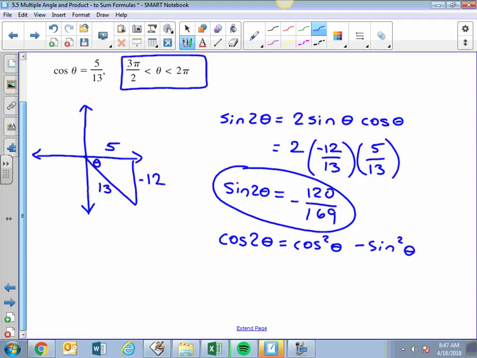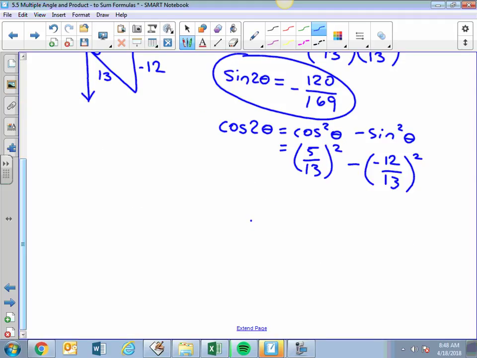So once I have this, cosine squared theta, I'm going to write the cosine in, which is 5 over 13, squared, minus the same thing with sine, negative 12 over 13 squared, which is going to end up being positive since we have something squared there.